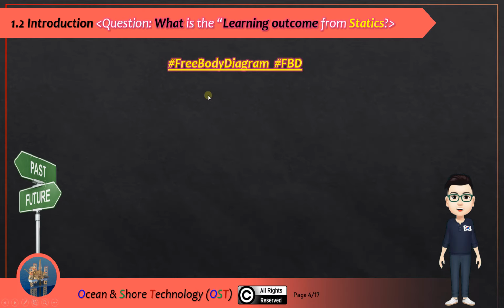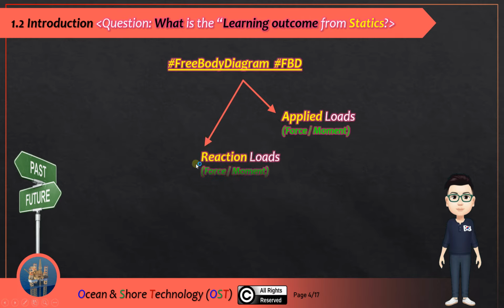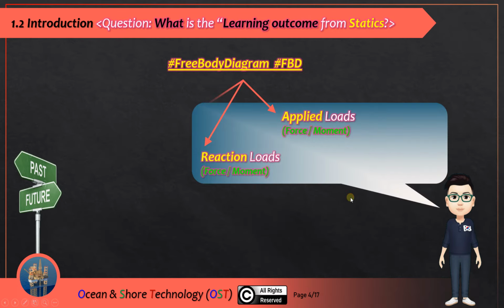So the free body diagram. What was that? For this we need to understand the applied load, force, or moment. Once we define the applied load, we will further discuss the reactions, which means that based on the applied load and the given boundary conditions we can calculate the reactions, and based on these, we will discuss further the internal behaviors.